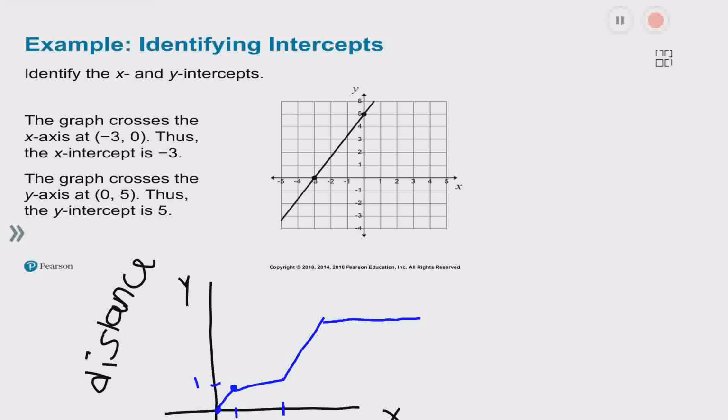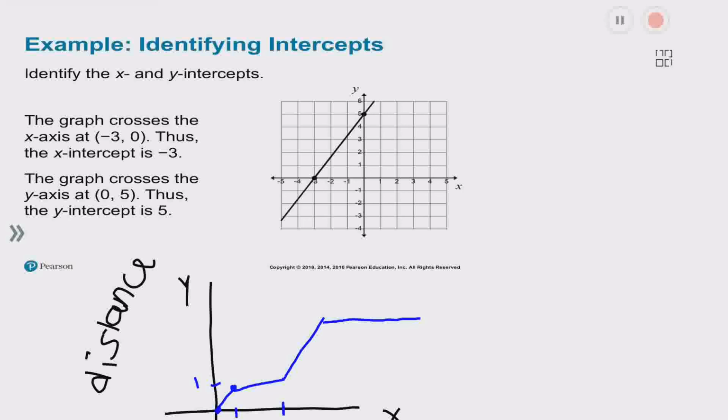So an example of a motion graph would be I start out at my house and then I run 1 mile in 10 minutes. So 10 minutes, 1 mile would be here. So it'd go like that.